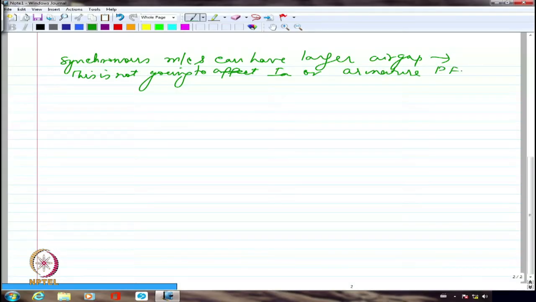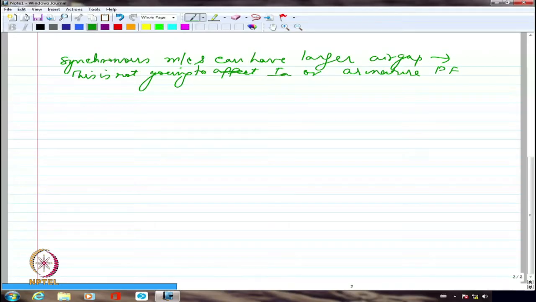Whereas it does affect the power factor in the case of an induction motor very adversely. So I can't increase the air gap in the case of an induction machine, whereas I can do that in a synchronous machine. Right?